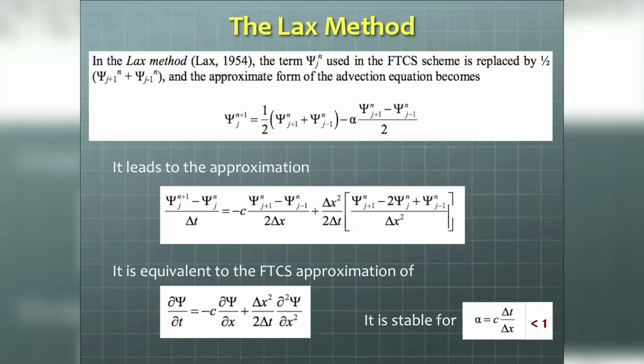And this method is stable if alpha, which is called the CFL coefficient, is less than 1. So basically, there are ways by which you can improve the center difference and make it stable.